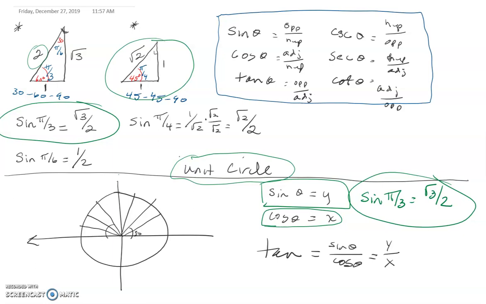And that's where reference angles come in, that you'll learn a lot about in chapter 4.4, I believe. I don't know. I'm looking at an old edition of the book, so it might be 4.4.